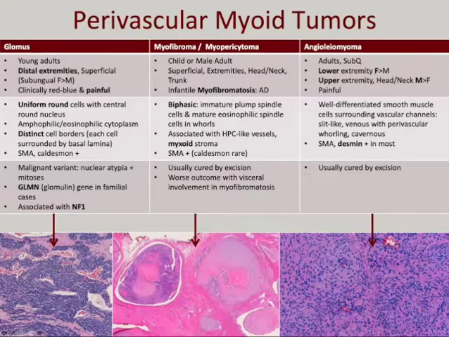So ranging either from your bland glomus tumor, very monotonous, small fried eggy cells, all the way to your myofibroma, myopericytoma with these lobules around vessels, or your angioleiomyoma, which is very characteristically this mature smooth muscle whirling off of these vessels in a circumscribed manner in the distal soft tissues, okay? Sometimes the morphology can be overlapping, but at the two ends of the spectrum, either the glomus or the angioleiomyoma, you're mostly dealing with small fried eggy cells or well-developed smooth muscle morphology.